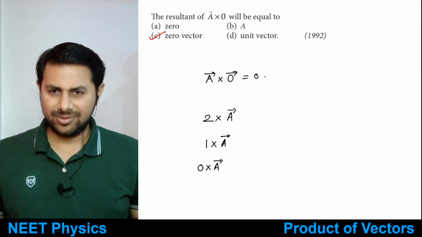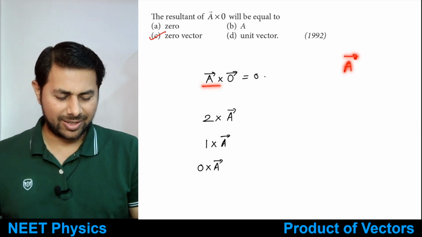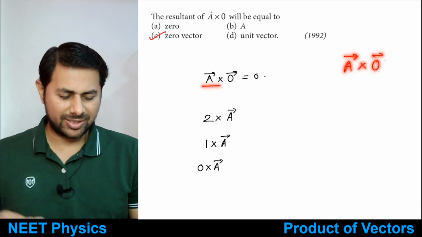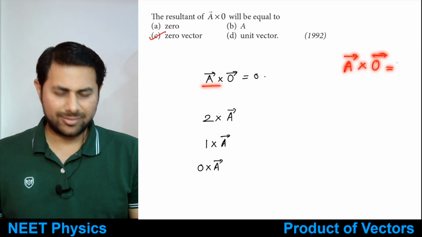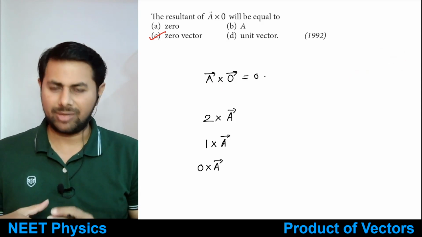All right, but I know that you thought in this way. I'm sure that you must have thought that A bar cross 0, the resultant will be 0 and it's a vector quantity because you are multiplying two vectors.